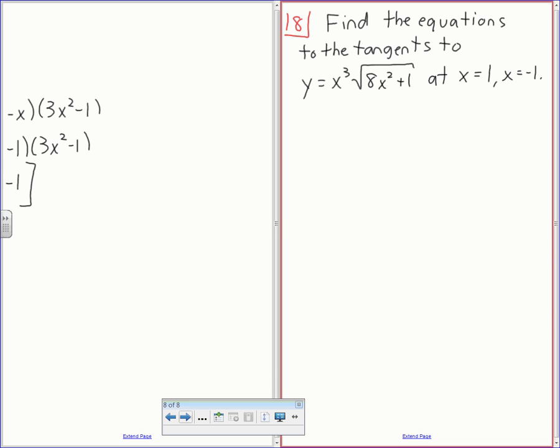How are they related? Let's start with one of them and then I'll do the other one after, okay?